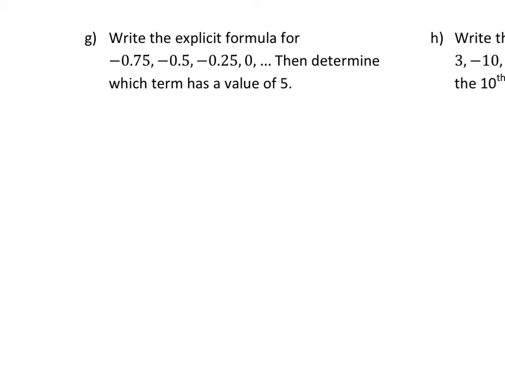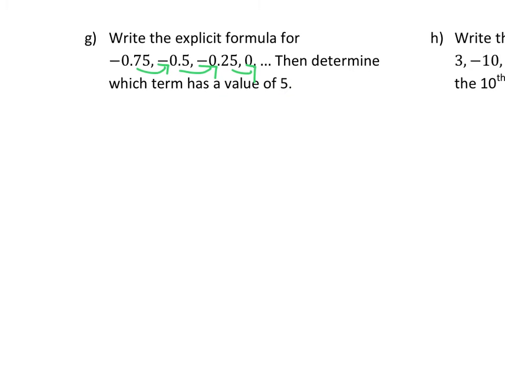Okay, let's look at letter G. Write the explicit formula, then determine which term has a value of 5. Okay, so this one we have to write the formula. We need to determine if it's arithmetic or geometric. Looks like I'm increasing, I take that back. I'm increasing, looks like by 0.25.